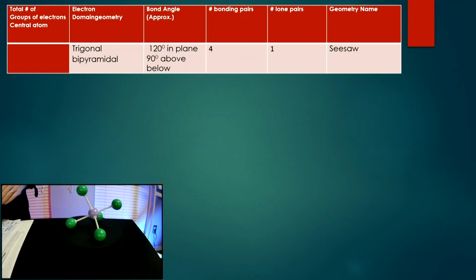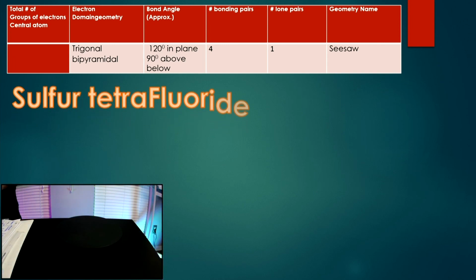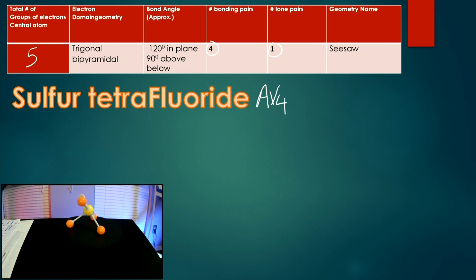Next up we have sulfur tetrafluoride. The number of groups is 5, but we have 4 bonding and 1 lone pair, so our generic formula will be AX4E. To draw that out, we're going to have sulfur in the center.